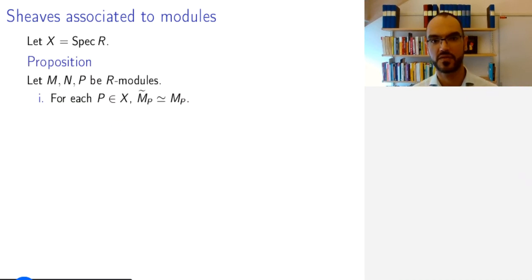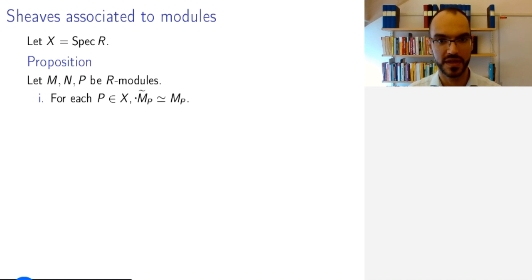These sheaves associated to modules have some nice properties. Here I have some bad notation where P denotes an R-module and a point in X at the same time. Please bear with me, they will not occur in one and the same line.